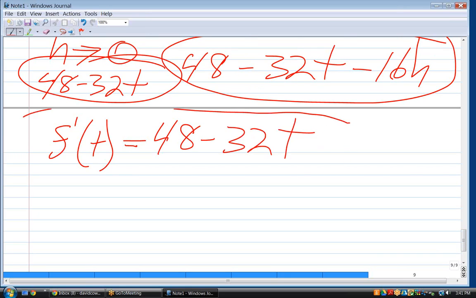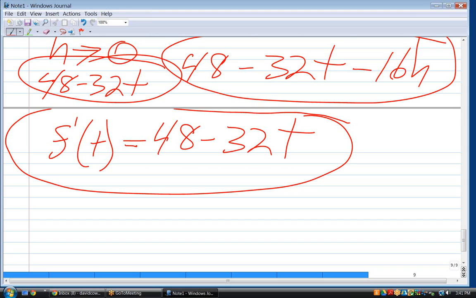There's your answer right there. And if they do want to evaluate it at any particular t, it's real easy to do. This is the first derivative function, so it doesn't matter if t is 0 or 5 or 10. You can figure out what the velocity of this rock is at any of those times.